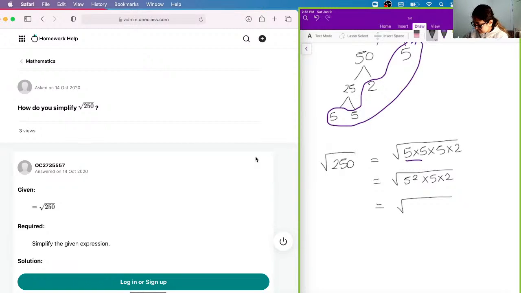And so you're basically left with 5 square root of 5 times 2. And so 5 times 2 is 10, so you have square root of 10. Okay, so we can say the square root of 250 is equal to 5 square root of 10.